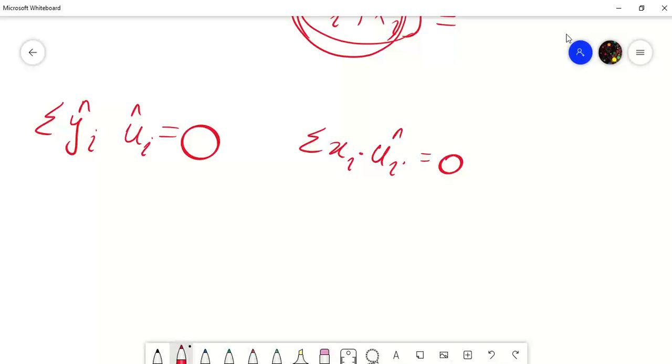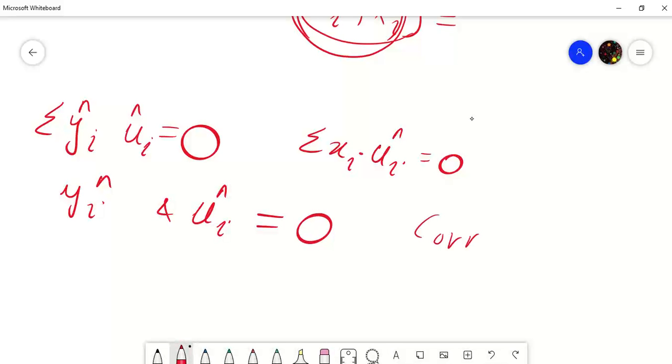Now what we are trying to prove is that the sum of the product of yi hat and mu I hat is 0, and further it will prove that the correlation between yi hat and mu I hat is also 0.